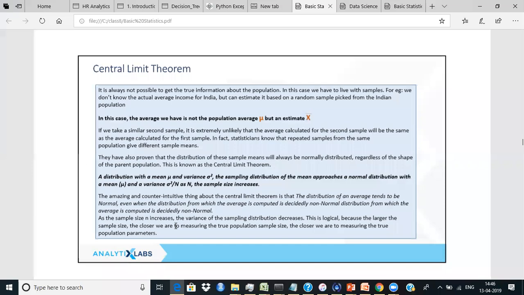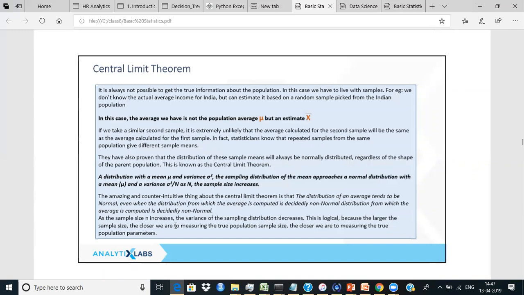Irrespective of what distribution the population follows, if you collect a sample, suppose I do not know the distribution of age in this room, right?